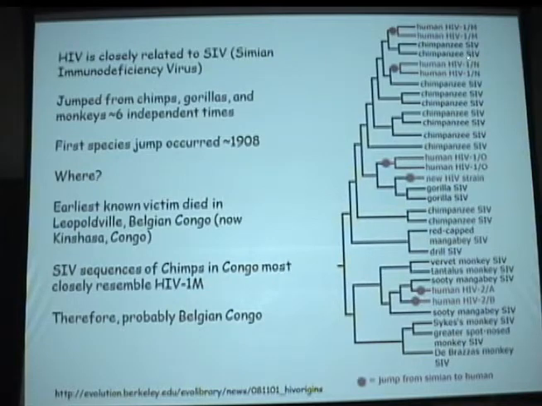That's been done, and those are located in what is now the Congo, which was then the Belgian Congo. So the best estimate is that the species jump, the evolution of SIV into HIV, from a chimpanzee or a gorilla or a monkey, probably a chimpanzee, into a human, occurred in what was then the Belgian Congo, probably around 1908, plus or minus a decade.